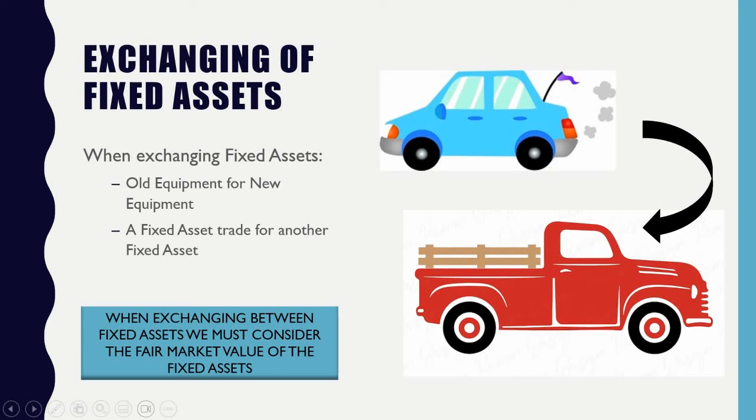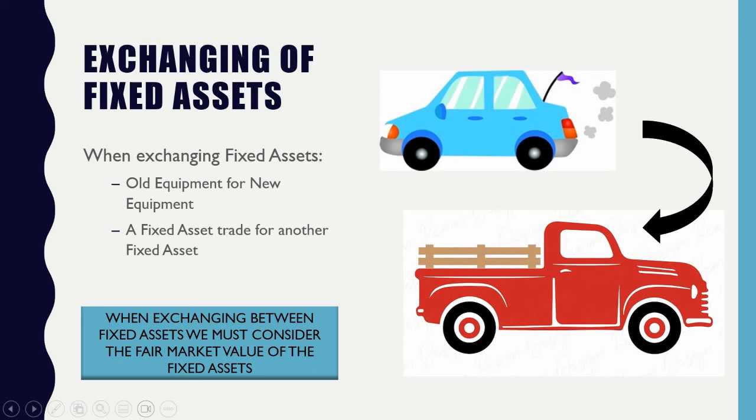You trade in your used car, we can get you a new car, etc., right? Now, in this case, right, what we are doing here is we are trading out our old equipment for newer equipment, okay? And of course, we're going to also be trading in our fixed assets for other fixed assets.